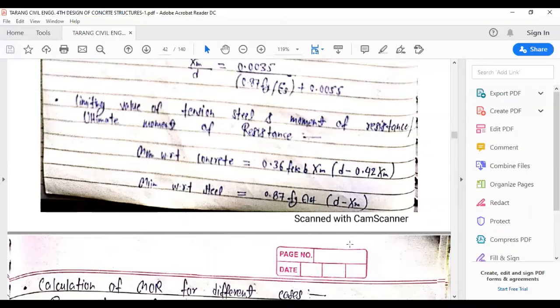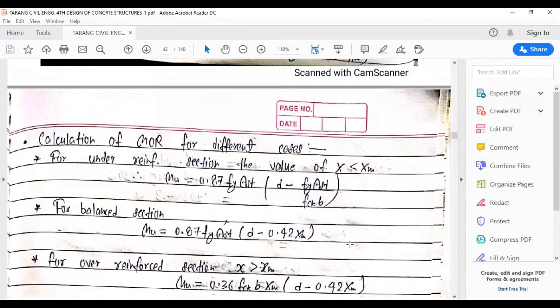Now, calculation of moment of resistance for different cases. In first case, we have under reinforced section where the value of x is less than xm. That is, actual neutral axis is less than critical neutral axis.